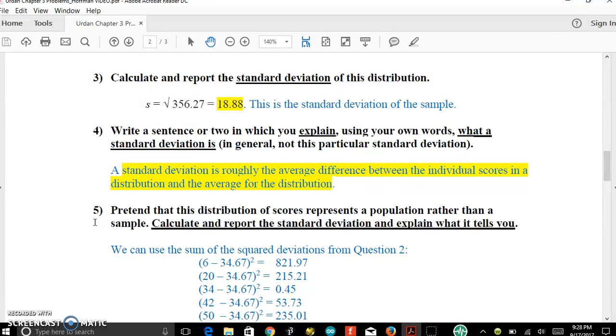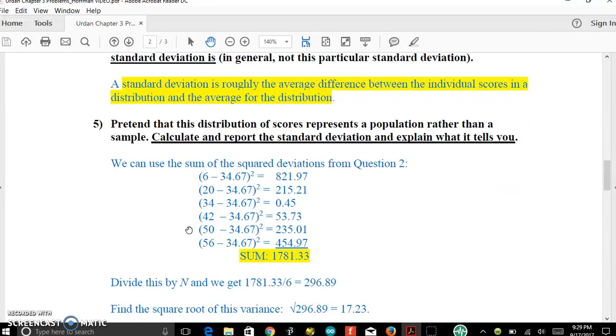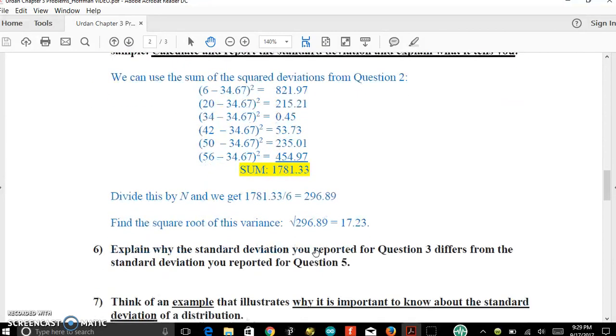Question 5. Pretend that this distribution of scores represents a population rather than a sample. Calculate and report the standard deviation and explain what it tells you. We can use the sum of the squared deviations from question 2 again, which I wrote out for you, the sum of which was 1781.33.